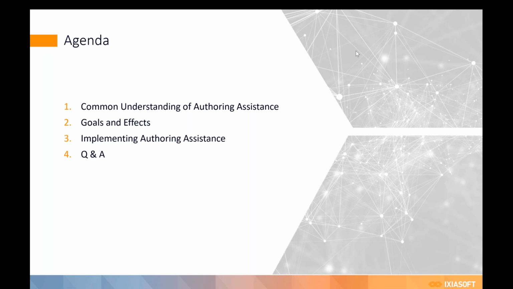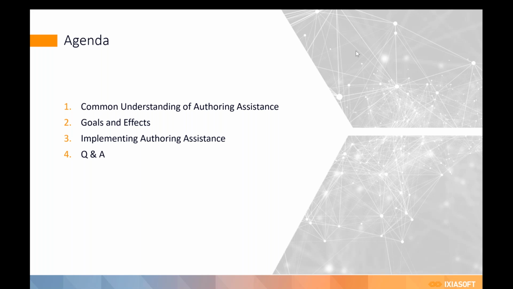Perfect. Okay, so for today, I would like to divide the presentation into 4 parts. First of all, I would like to have a common understanding of what authoring assistance means if we are talking about it today. Then I would like to show you some typical goals and effects of authoring assistance because they affect how to implement an authoring assistance.